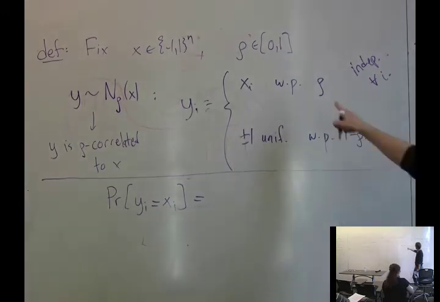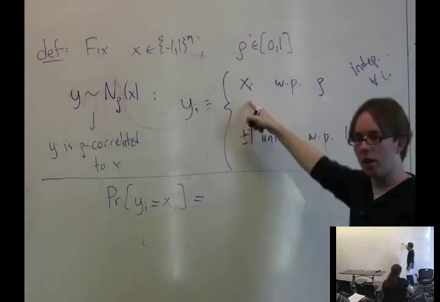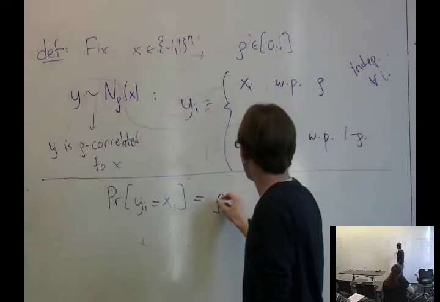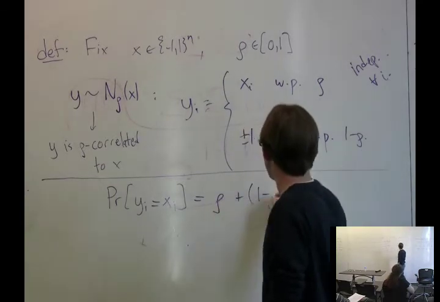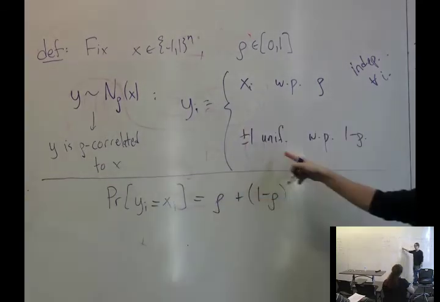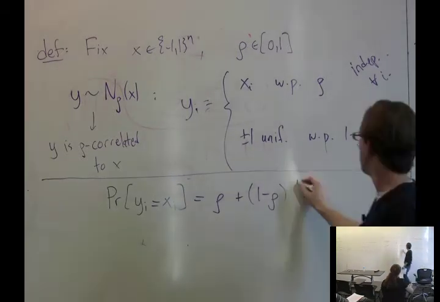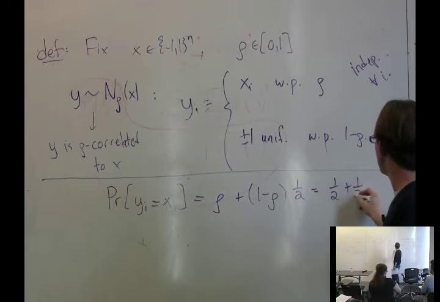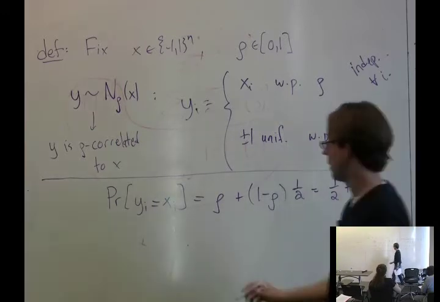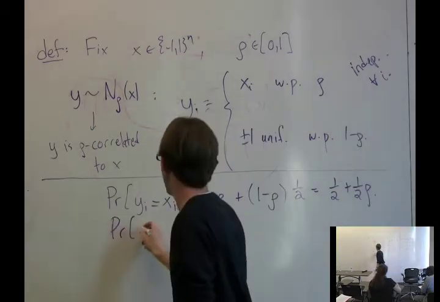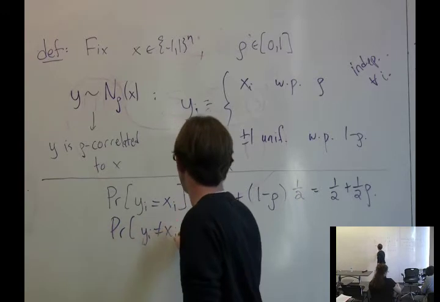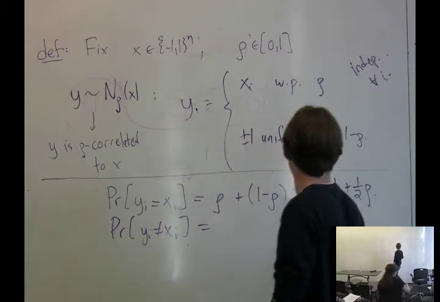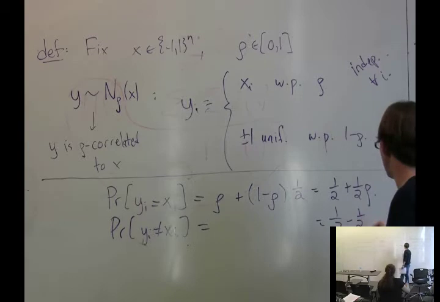Well, with probability rho, they're definitely equal. And with probability 1 minus rho, they have a half chance of being equal. So this is 1/2 + 1/2 rho. Naturally, the probability that y_i differs from x_i is 1/2 - 1/2 rho.